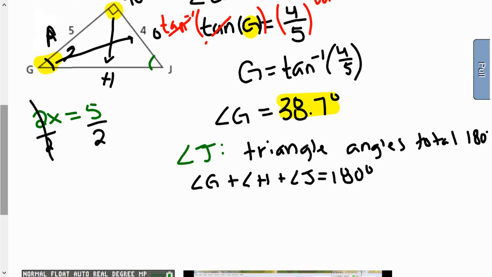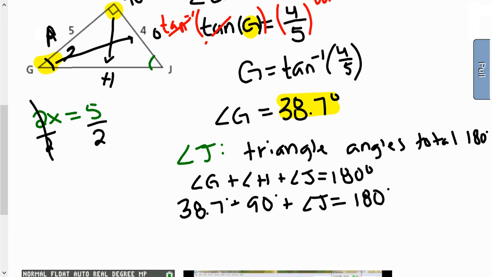And I know 2 of those 3 angles. Angle G is 38.7. Angle H is 90. And then angle J is our unknown. If I do some algebra, right, I bring 90 to the other side, and I subtract that 38.7, that's going to tell me angle J.